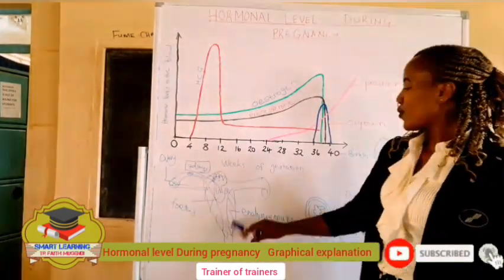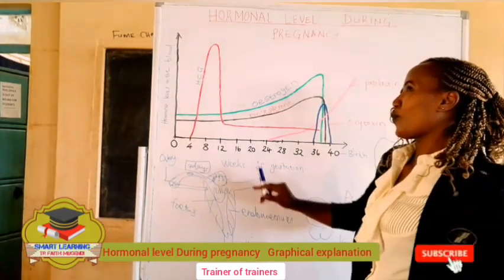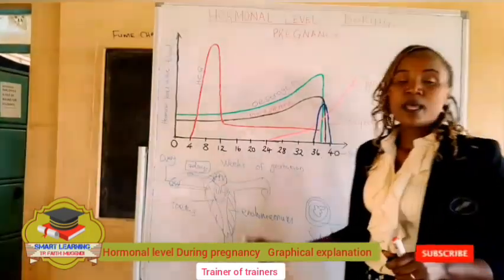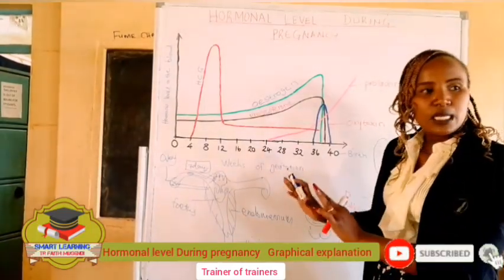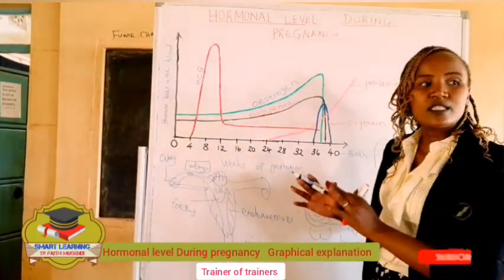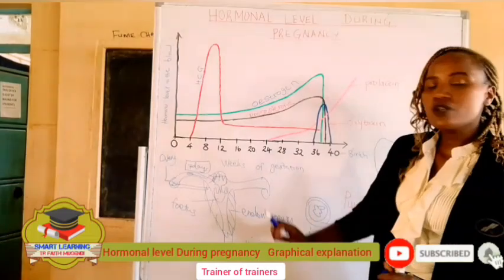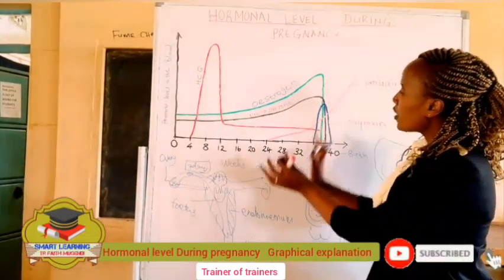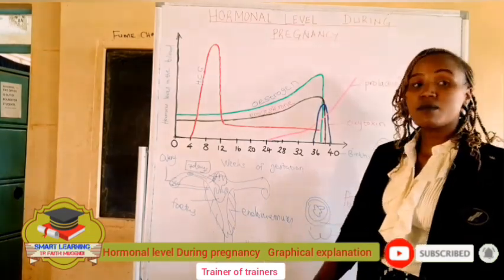So we don't want that. That is why the body is organized in such a way that there will be continuous production of estrogen and progesterone, which join forces to ensure that the endometrium is sustained.